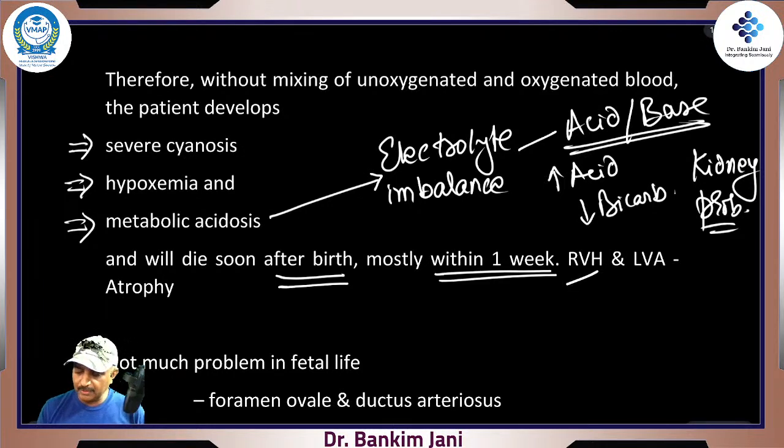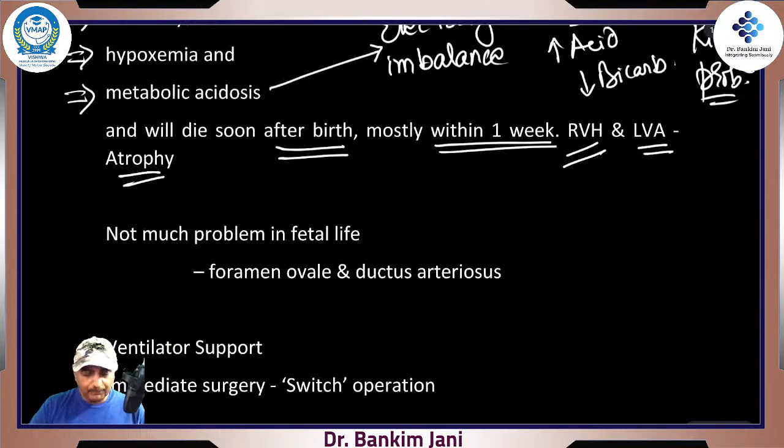Right ventricular hypertrophy and left ventricular atrophy, because there is no pressure, so the left ventricle will become smaller and there would be atrophy. There won't be much of a problem in fetal life. Now this is what is painful.